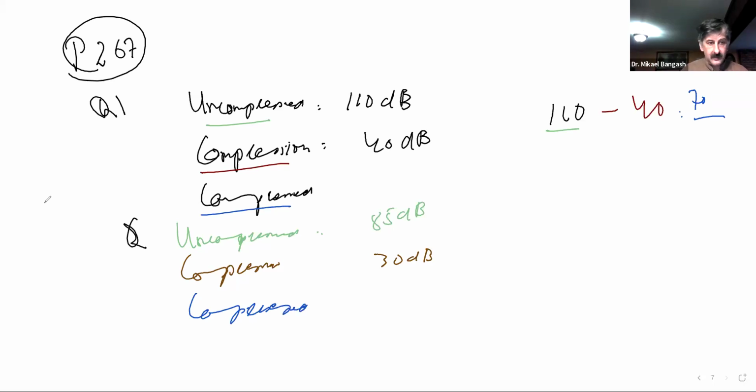And the formula is the same. 85, just subtract the amount of compression, which is 30, which gives us our compressed signal, which is 55. So after compression, our signal is going to have a dynamic range of 55 decibels.